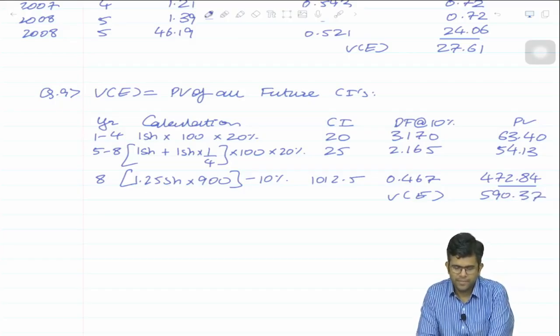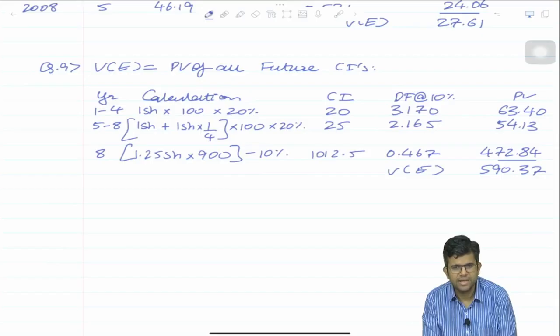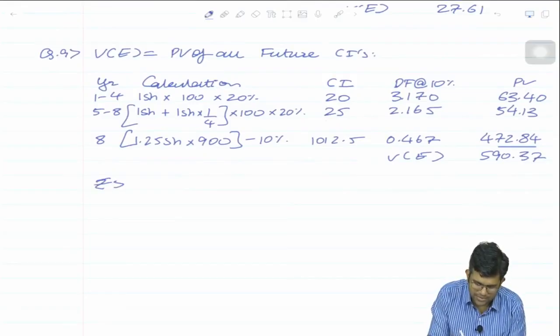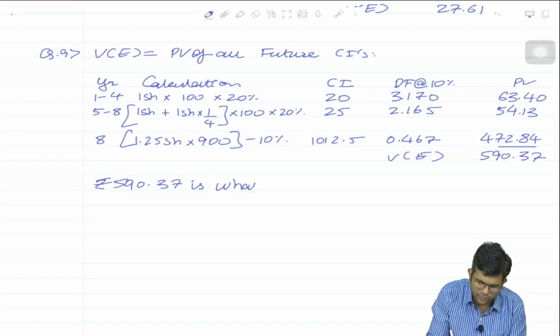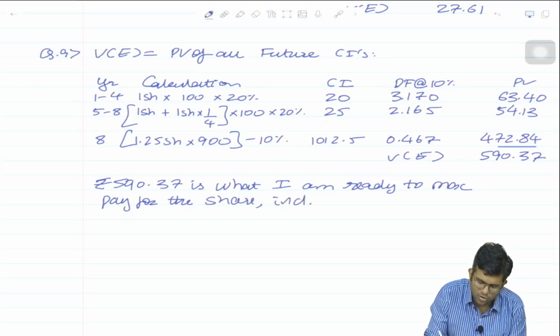All done? Now what is 590.37? This is, can I say, what I am ready to max pay for the share, correct? So I am going to write something here. Rupees 590.37 is what I am ready to max pay for the share, including purchase expenses.